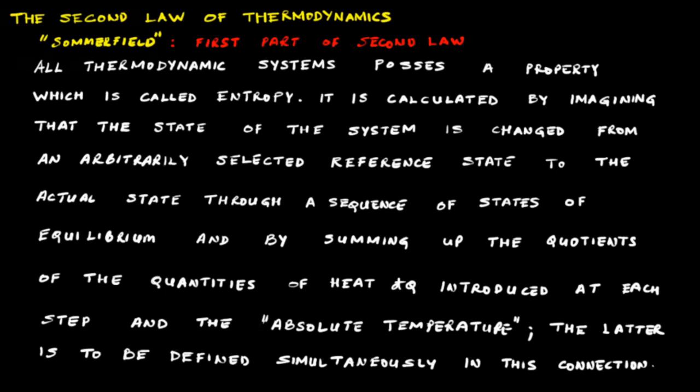The first part of the second law of thermodynamics states that all thermodynamic systems possess a property which is called entropy.